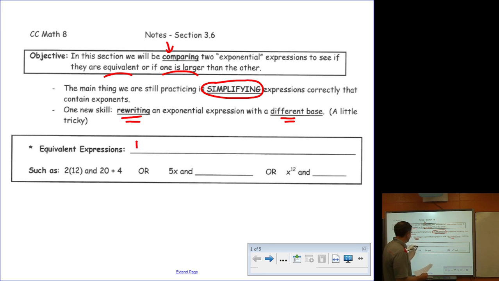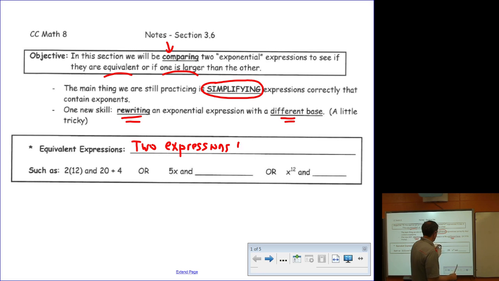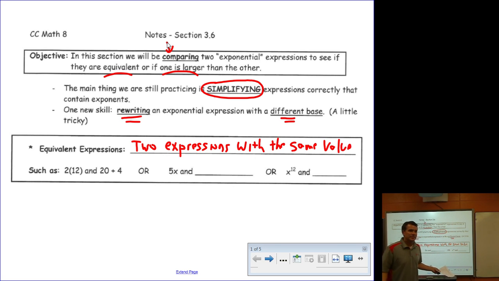Equivalent expressions are simply two expressions with the same value. If two expressions have the same value, they're called equivalent expressions, right?